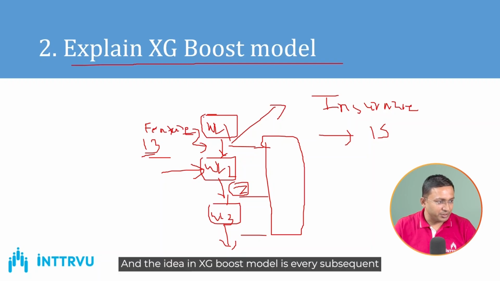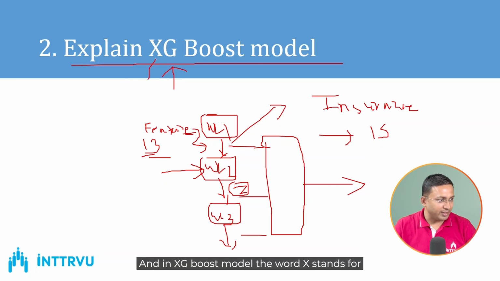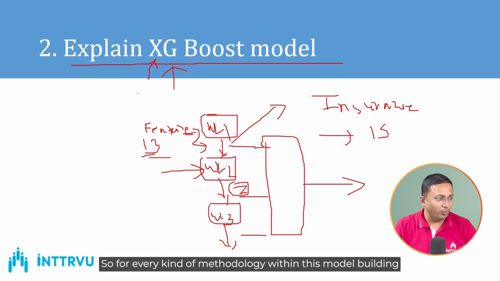The idea in the XGBoost model is that every subsequent weak learner tries to make the model better and better by predicting the errors made by the previous weak learner. At the end, when you combine all these predictions, you get your final output. That is nothing but the XGBoost model. In XGBoost, the X stands for extreme, so for every methodology within the model building, the best methods are used.